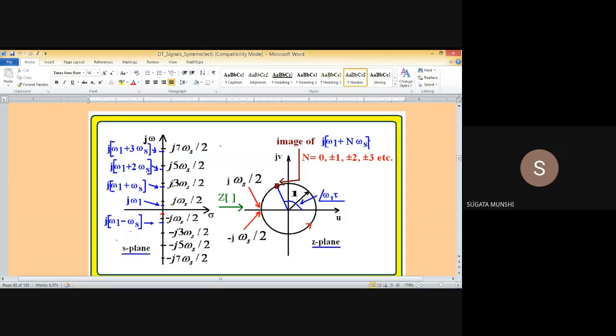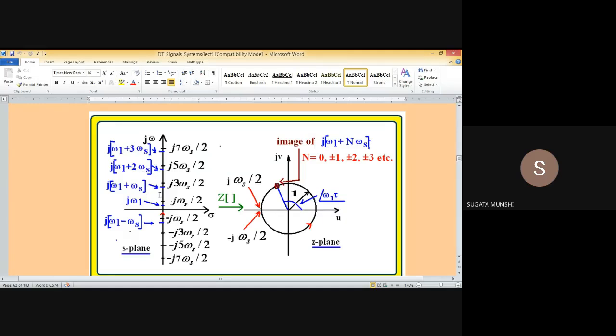And when you reach omega s here, I have not shown it here, you will come to this point. Again, from j omega s, if you travel upward, you will be traveling in this direction. And ultimately, when you reach the point j omega 1 plus omega s, you will come back to this point. You understand?